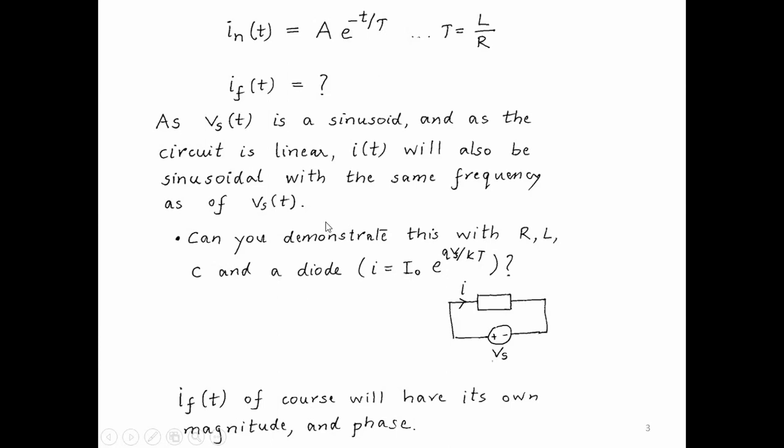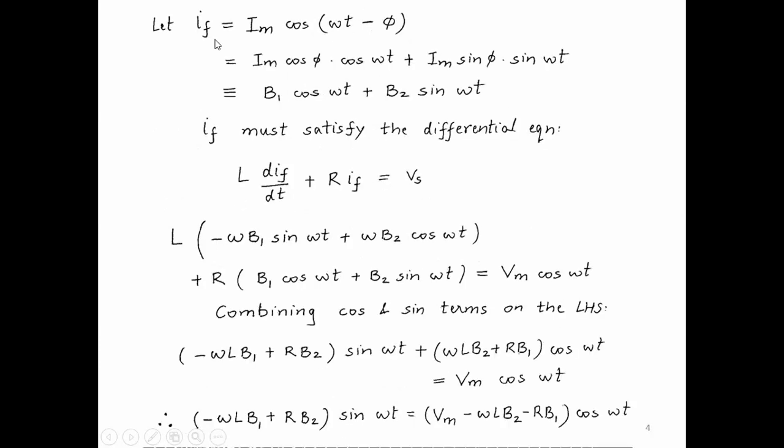So IF will be a sinusoid, but of course it will have its own magnitude and phase. Let IF be some magnitude Im cos(omega t minus phi), where omega is the frequency of the voltage source. I'm putting a minus for a reason; we'll come back to it in a minute.